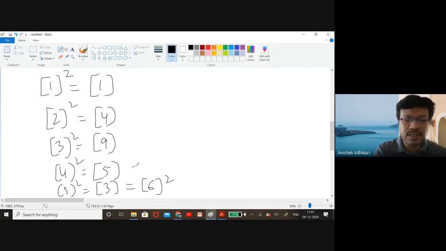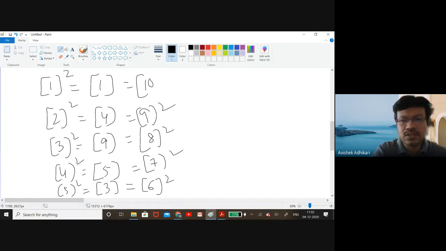If I consider class 7 square, what would be the value? 49. 49 means 44 plus 5, that means class 5. Similarly this is 8 square, this is 9 square, and this is 10 square. So it has a nice structure.